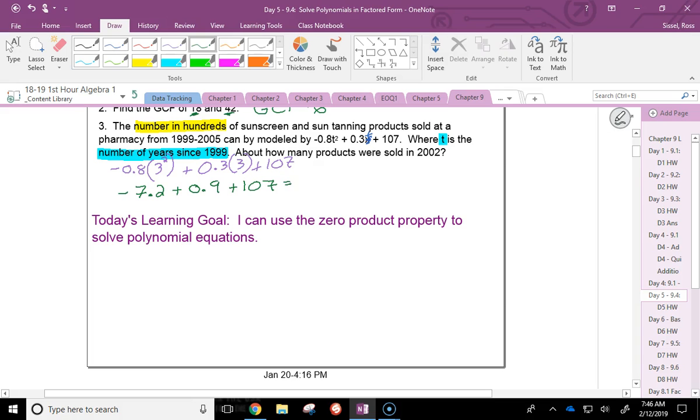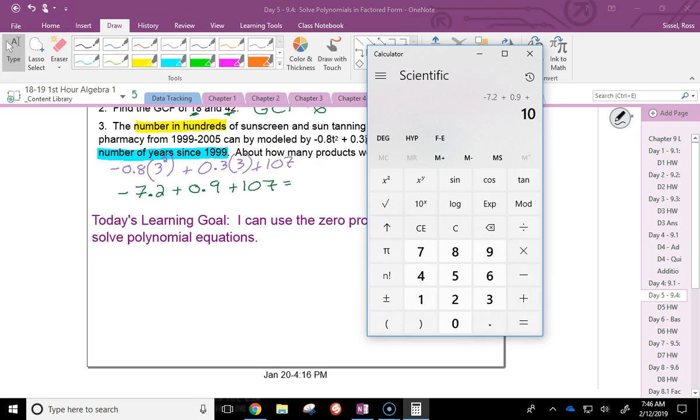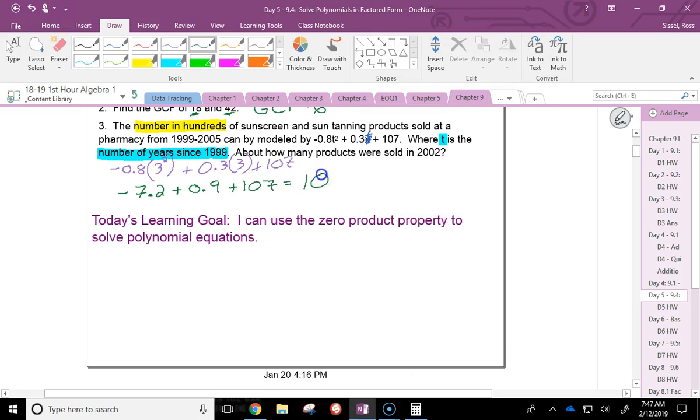If we go ahead and solve that, negative 7.2 plus 0.9 plus 107, we should get 100.7. So about how many products were sold? If it's in the number in hundreds, the number is 100.7 hundreds.